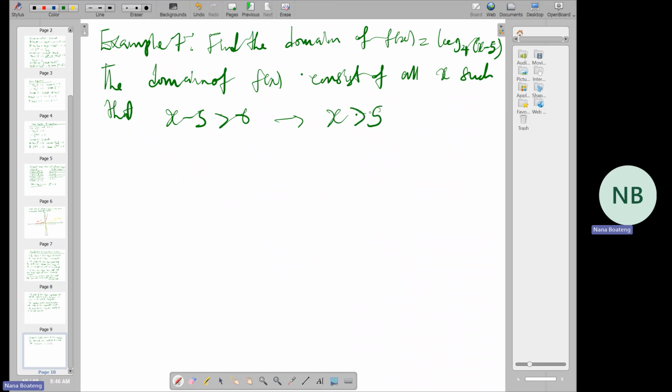That will be the domain. So the domain will be all numbers from 5 to infinity. The domain of f is 5 to infinity.